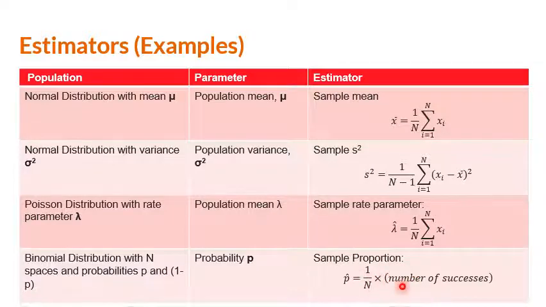That estimates the probability p of your binomial distribution with a very, very large N.